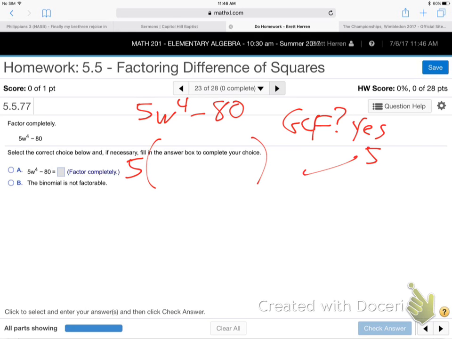And that means 1 parenthesis. Just the undistribution thing. The revert. Just ask yourself, what would distribute? 5 times what would go back to that? Well, just W to the 4th. Yeah, that's simple. And 5 times what would be 80? If you're not sure, divide by 5. Go up and take that other thing and divide. Whatever you put to the front, divide by.